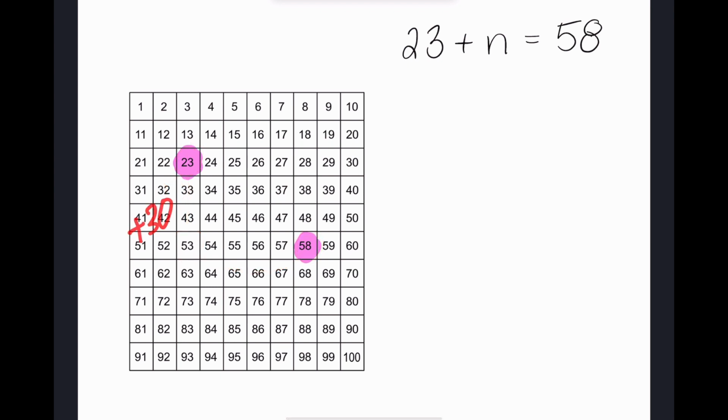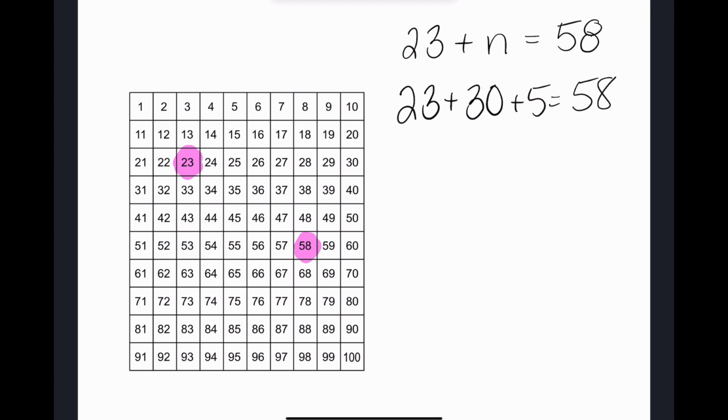So again, they're going down 30 and then moving over 1, 2, 3, 4, 5. And they would express that as 23 plus 30 plus 5 to get to 58. So that number is equal to 35.